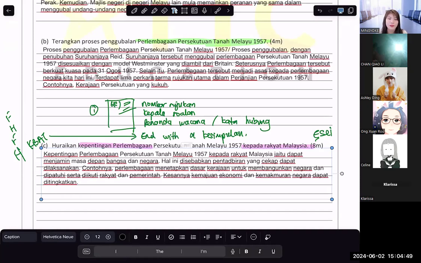Otherwise, you can give fakta huraian. Since you have to think a very long time, you can actually use a lot of ideas. Selain itu, perlembagaan dapat memelihara hak asasi dan kebebasan rakyat.